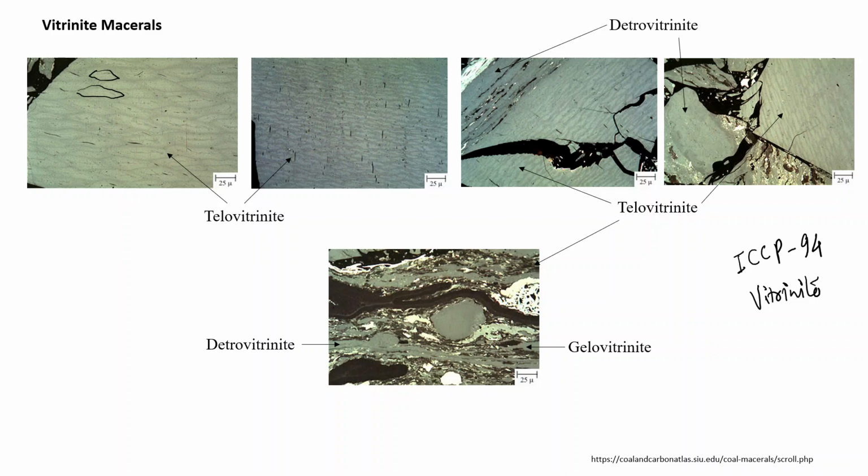In this third one, you can see this darker color, where the cell structures are not very appreciably visible, but they are present. This is the telovitrinite. In the detrovitrinite, you can see this floating groundmass, over here, these bands, while in this cavity, the ones which have taken the shape are all the gelovitrinite. Okay, so this is how you can identify these macerals under the microscope.